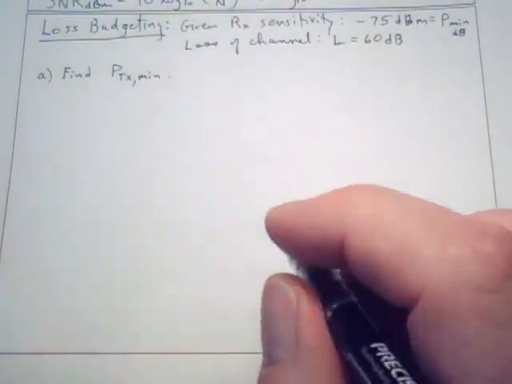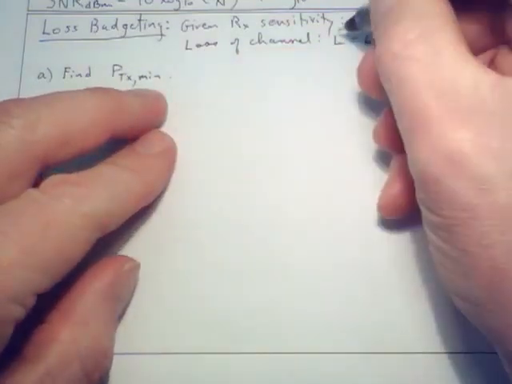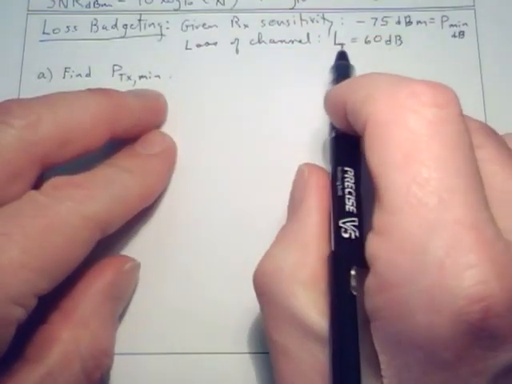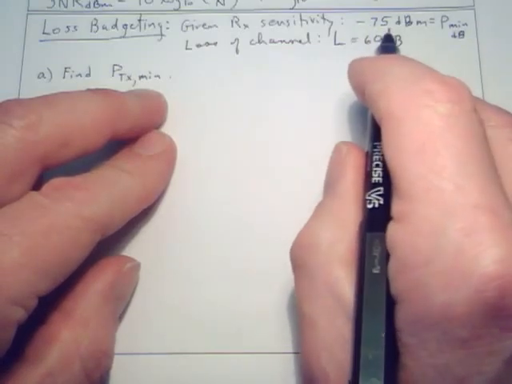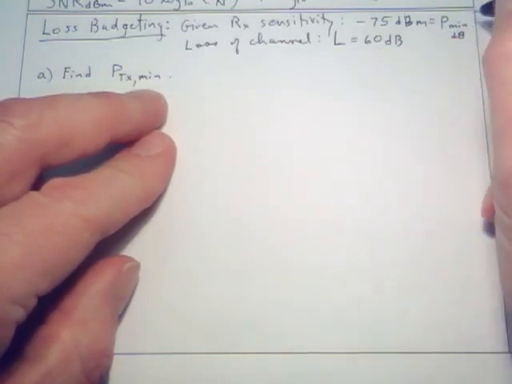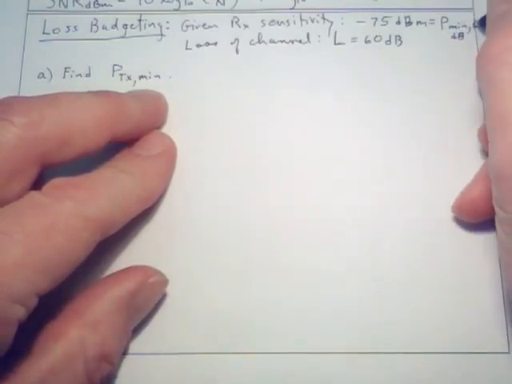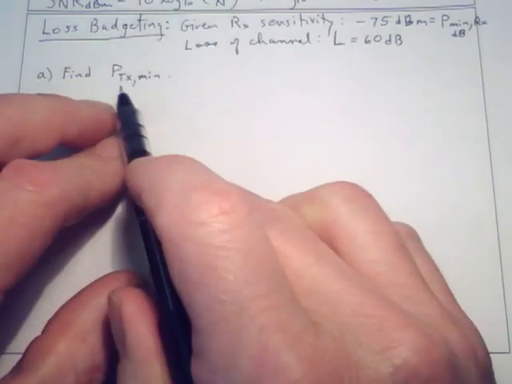Okay, and the minimum transmitted power occurs when the loss of the channel takes you down exactly to the minimum received power. So I could call this P min Rx, or PRX min here, to make it look like PTX min.